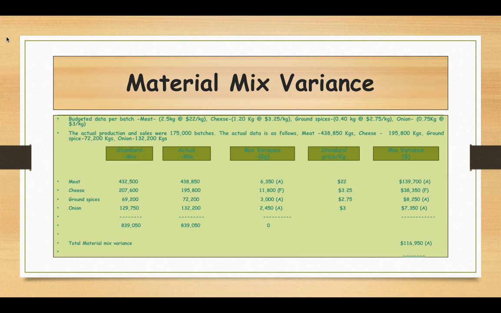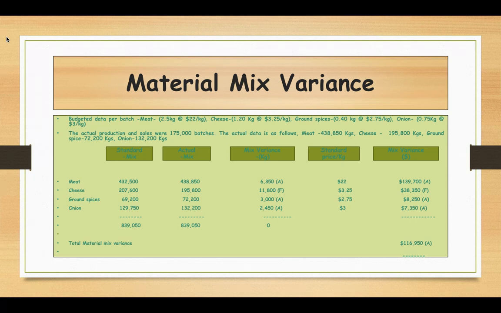Now, another point I would like to explain. I've seen exam questions, especially the multiple choice questions, asking why the mix variance total in kilograms is 0. Can you see the mix variance in kilograms, the total is 0? Of course it will be 0, because if you look at the standard mix total, which is 839,050, the actual mix total is 839,050, because we have apportioned the total actual mix of 839,050 into the standard proportions.